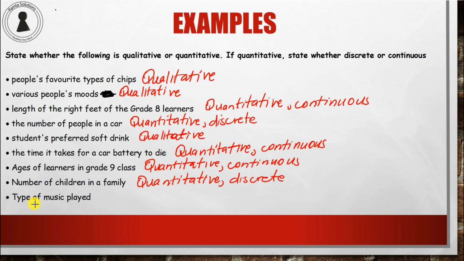But we are asking, what is the type of music? When somebody asks you the type of music played, you are not counting genres, right? You will specifically be looking at a category. And since it is a category, this means type of music is qualitative data.